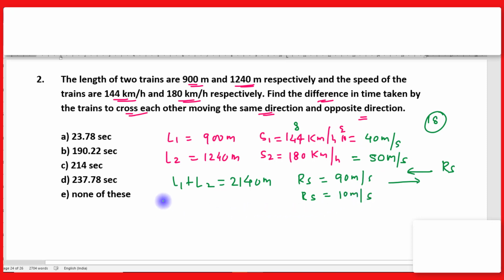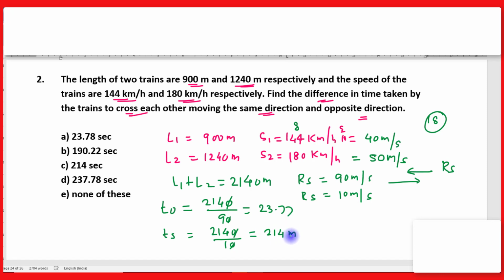Therefore the time taken to cross in the opposite direction will be distance 2140 divided by 90. The 0 will get cancelled. After dividing by 9, you will get 23.77, and in the same direction the time taken will be 2140 upon 10. This 0 will get cancelled and it will be 214.